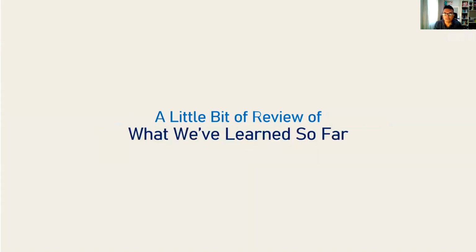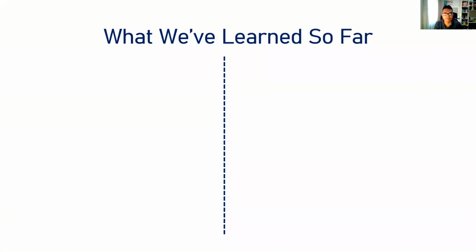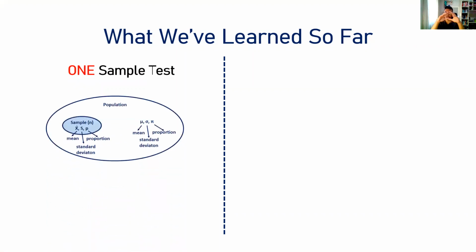Okay, just a bit of review of what we've learned so far. Before, we have discussed hypothesis tests in the context of one sample and two sample tests. For a one sample test, we test a hypothesis claim concerning one population.